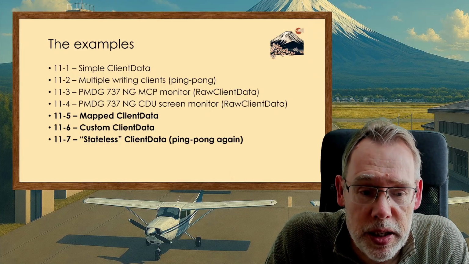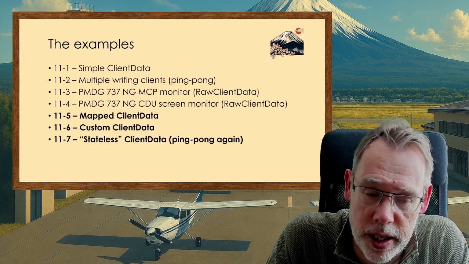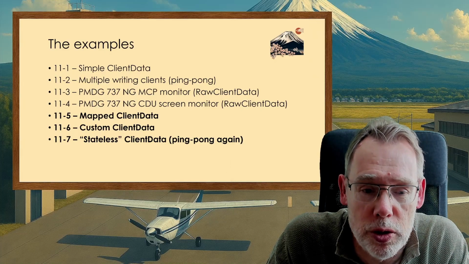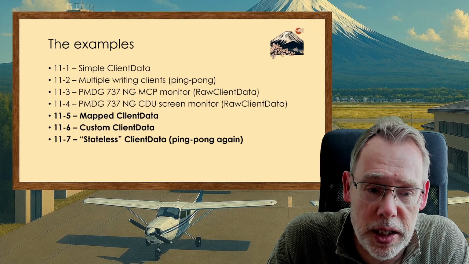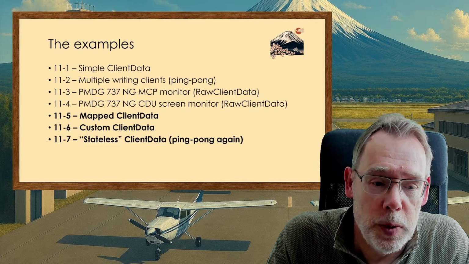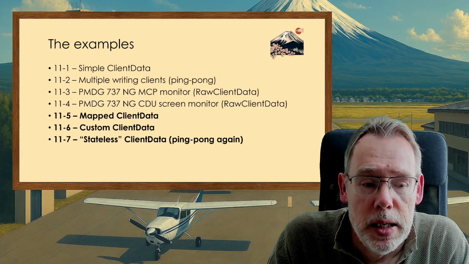The mapped client data allows you to say, well, I have this struct and I will generally use everything, but I want to be able to set or receive single fields, in which case you can do that by field mapping.